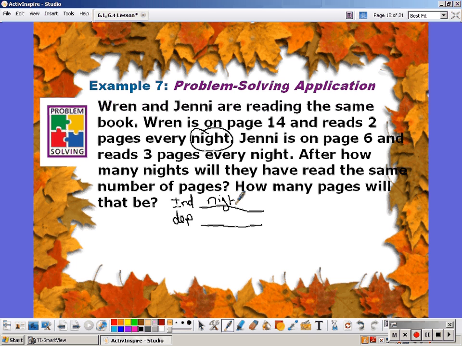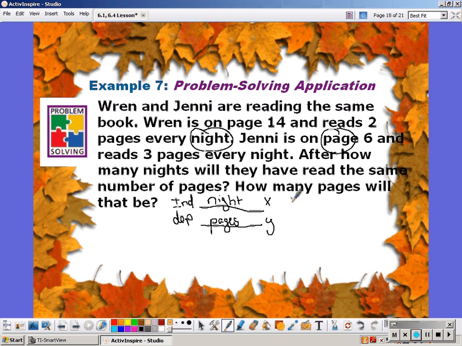Okay, so the independent is the number of nights. And then the dependent, once you know how many nights went by, what can you figure out? Well, you can figure out how many pages they read. So pages, how many pages they read, depends on how many nights went by. Independent, is that the X or is that the Y? It's the X. Dependent, that's the Y.